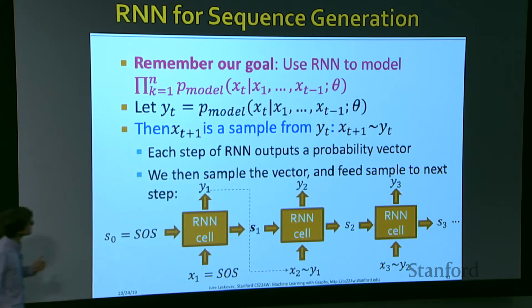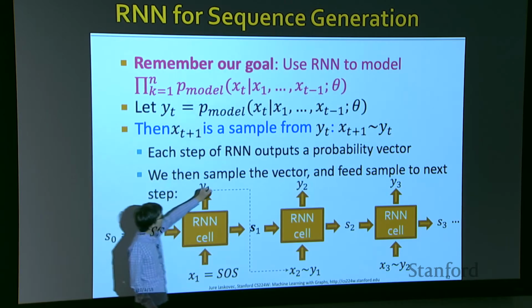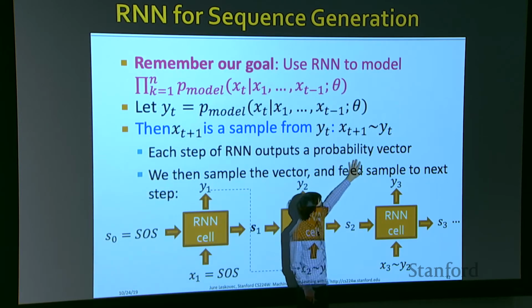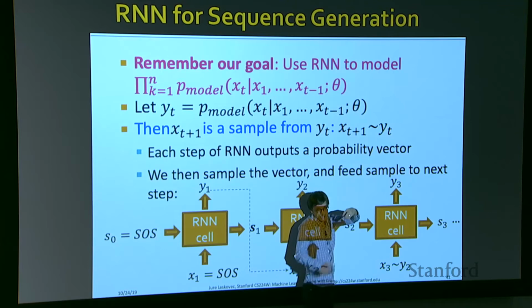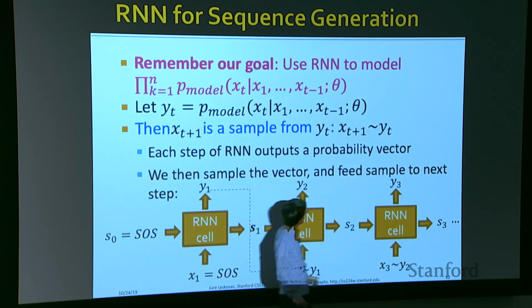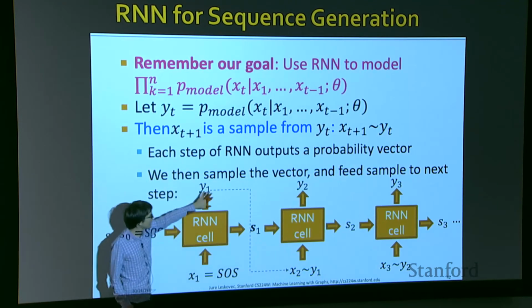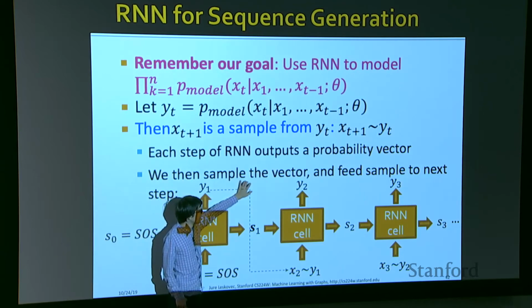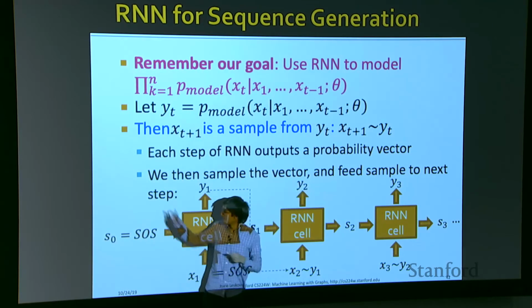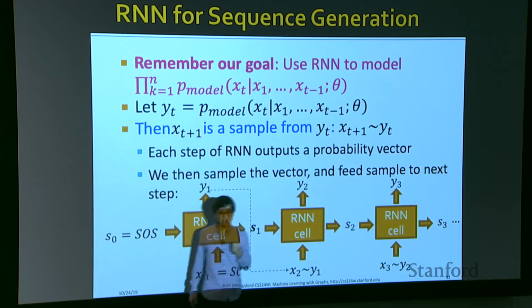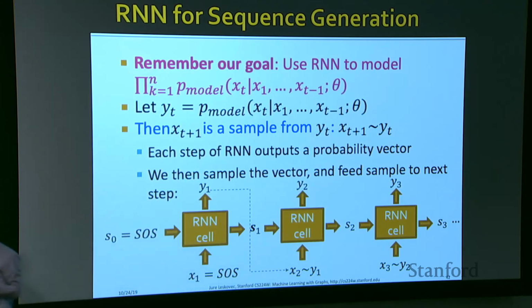So what this means is that at each step, the RNN will output some probability vector or some probability. We will then sample from that probability, and then we will feed the sample into the next step, right? And this is how we will get randomness. Okay? So just to say again, what did we change?